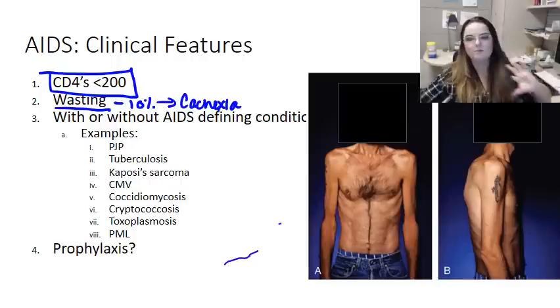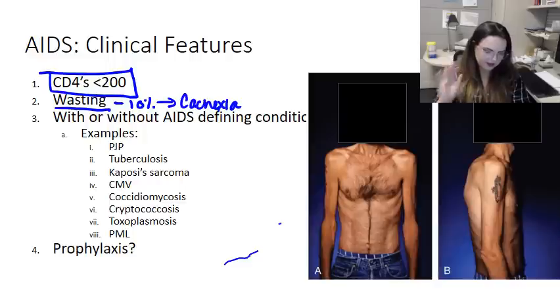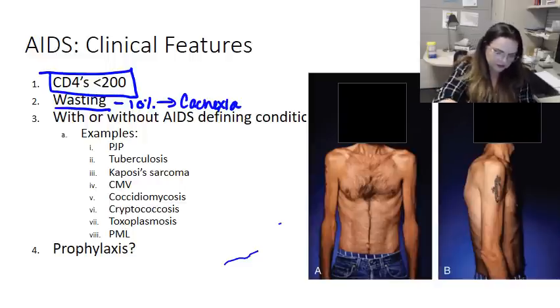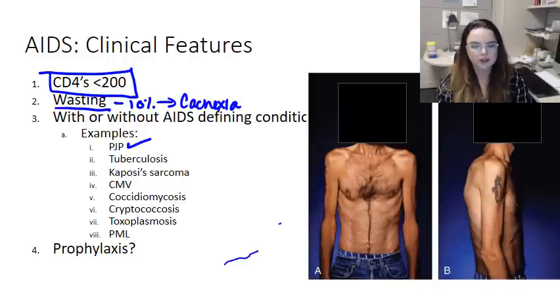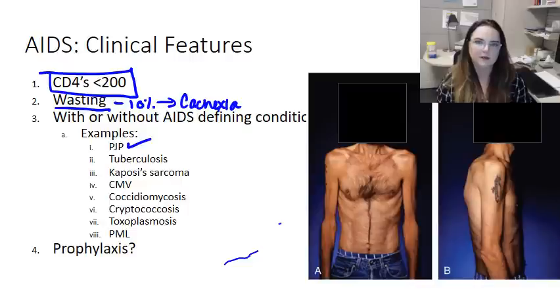So there's a whole bunch of AIDS-defining conditions. It can include multiple or recurrent bacterial infections, recurrent pneumonia, candidiasis of the bronchi, trachea, lungs, esophagus. But here are a couple that I just picked out that I know are big deal ones. So PJP, Pneumocystis jirovecii pneumonia, used to be one of the most common opportunistic infections in HIV positive patients.